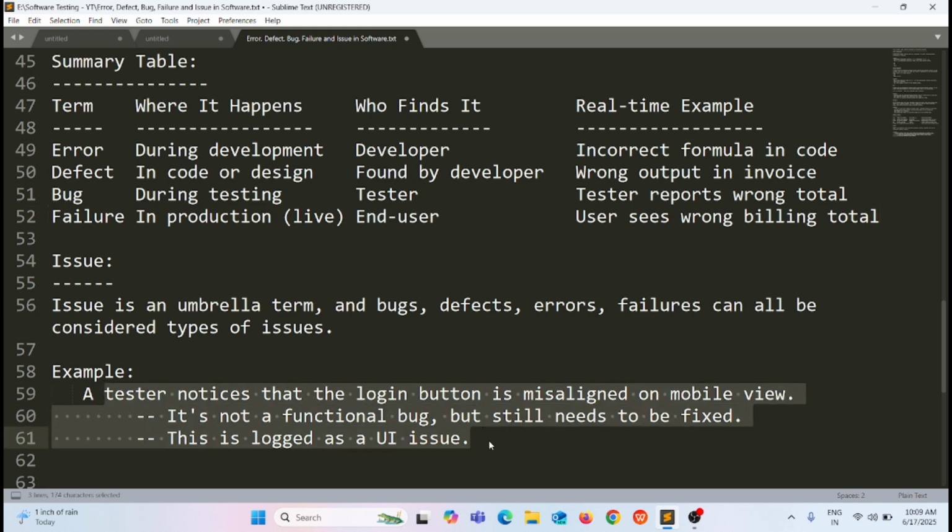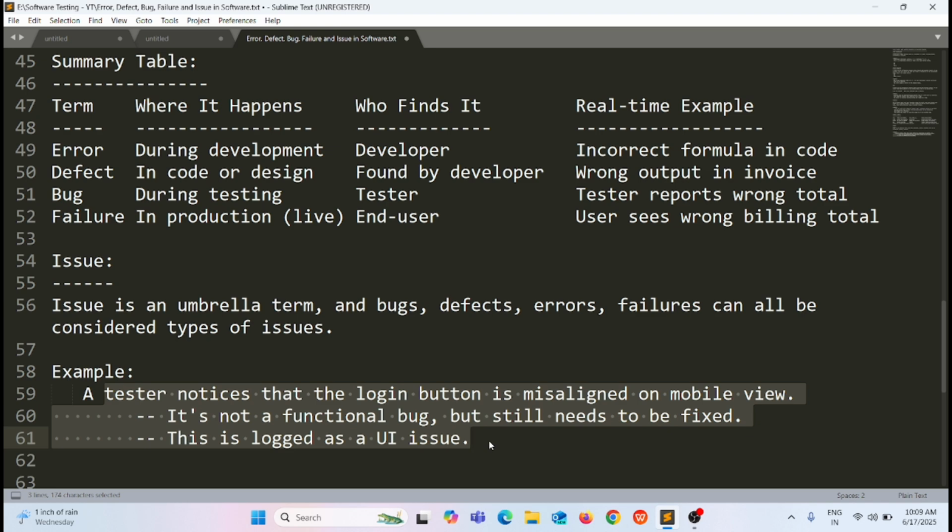Guys, this is a very, very important interview question. The interviewer may ask what is the difference between error, defect, and bug. Maybe they can ask what is the difference between issue, defect, and error. And as a tester, whenever you are testing any application and you find any problem, you have to know what the term is: bug, defect, error, failure, or issue.